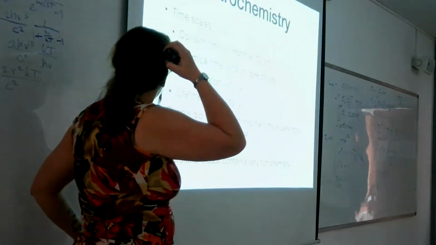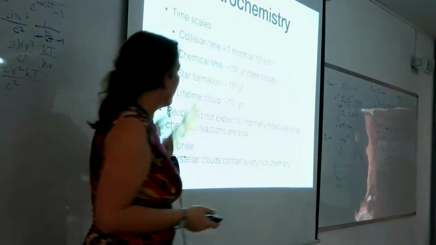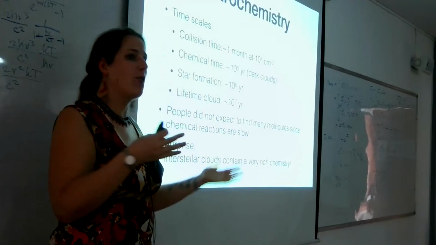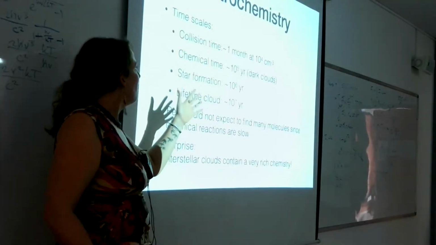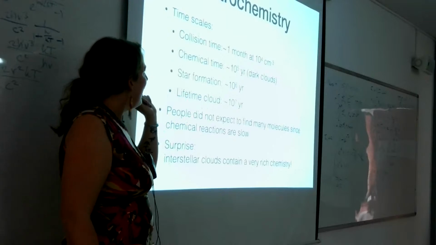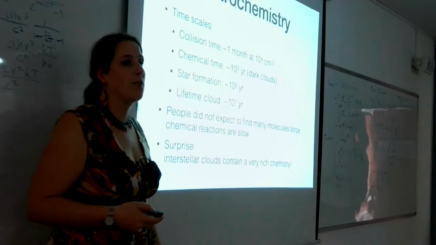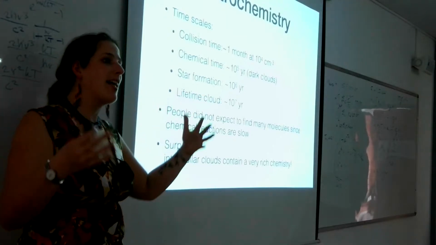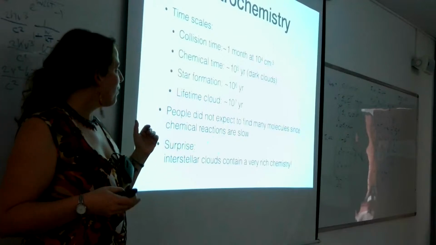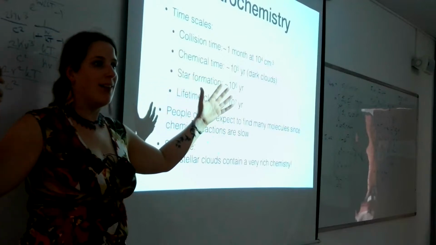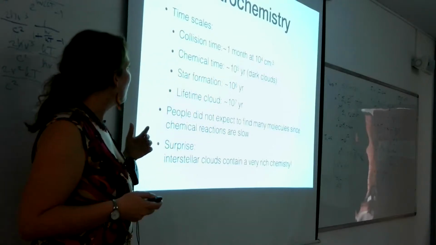Okay, so in terms of timescales, just to put things in comparison, how quickly are chemical reactions? The typical collision time of molecules is about 1 month at a density of 10 to the 4. This 10 to the 4 is the density in a dark cloud, right? So while the cloud is still collapsing. In a disk, the densities are up to 10 to the 8, so things will happen this fast.